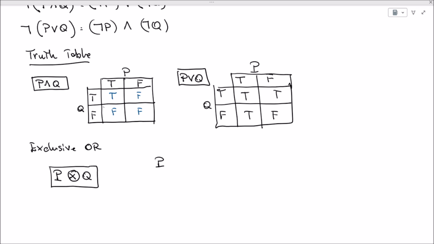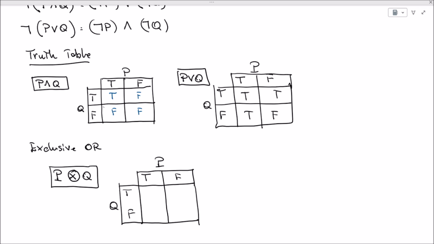We have P can be true or false, Q can be true or false, and as always, let's build all possible combinations. Now it turns out that P exclusive OR Q is true if and only if only one between P and Q is true. So for example, if P is true and Q is false, this is true. If Q is true and P is false, it is true, and all other combinations instead contain a false.